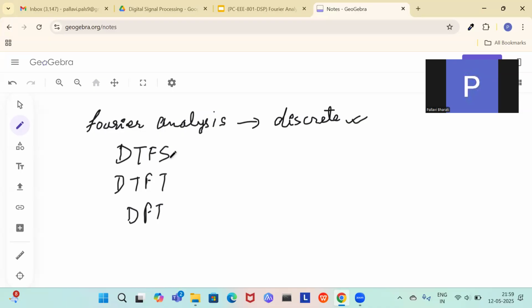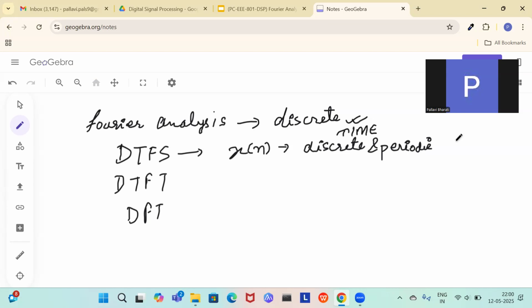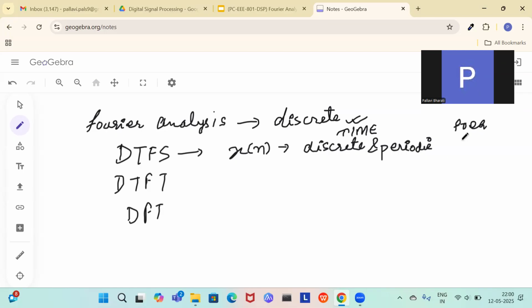Now first, I started with DTFS, where my signal x[n] is discrete and periodic. In the time domain, it was discrete and periodic. And when you took the Fourier transform, in the frequency domain also this signal remained discrete and periodic.